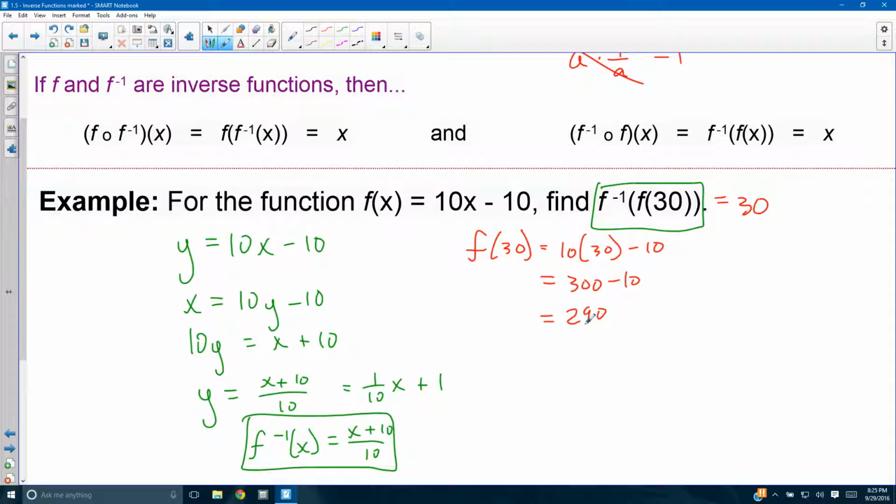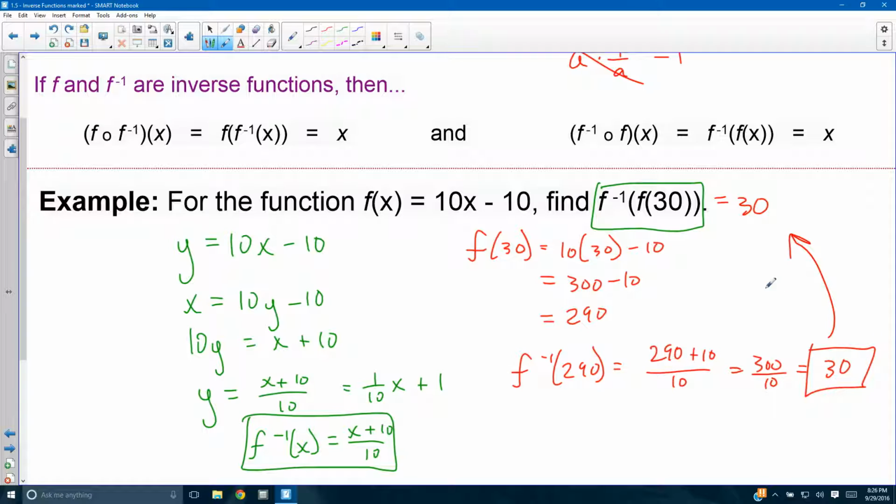Now I'm going to take this output 290 and substitute it into my inverse function here. If I take the inverse function of the function of 30, I will now be taking the inverse function of 290. So the inverse function of 290 is (290 plus 10) all over 10, which is 300 over 10, which is 30. Nice. So I got it back out there.